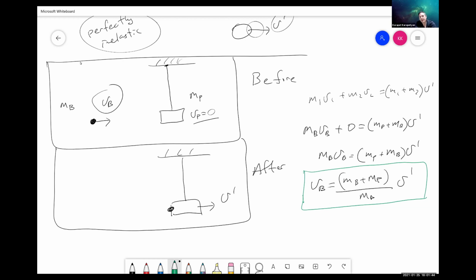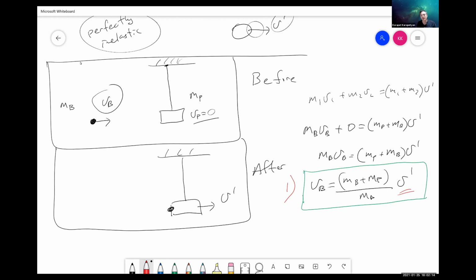But the only thing here is, you're going to be given the mass of object 1 and the mass of object 2, that is, the mass of the bullet and the mass of the pendulum. But to solve for the velocity of the bullet before the collision, you're also going to need the velocity of the system after the collision, and that's not something you're given directly. So from what you have, you're not going to be able to calculate the velocity of the bullet.